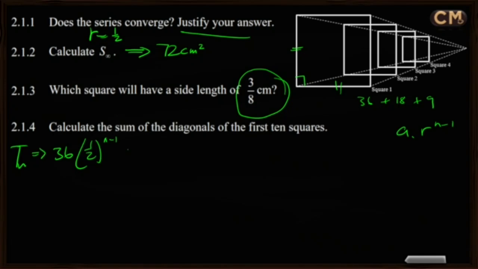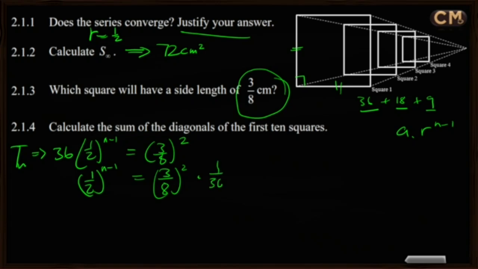So we're going to take this and make it equal to 3 over 8 all squared, because this tracks the area. That's what our series tracks. Now, from all that, we'll have 1 over 2 to the power n minus 1 equal to 3 over 8 all squared times 1 over 36, because we divided both sides by 36.